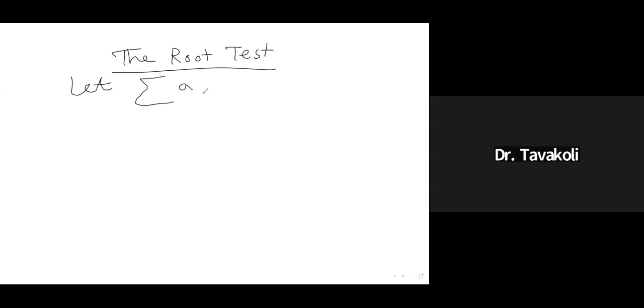The next test that we need to know is the root test. Let me first write down what the root test is, then we see an example. Let sigma a k be a series.